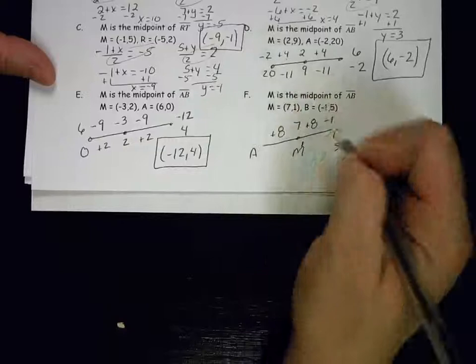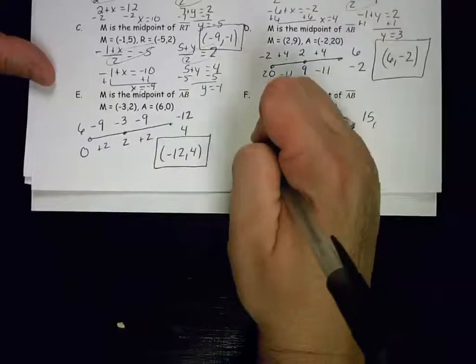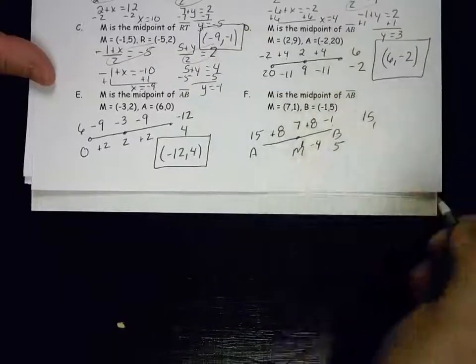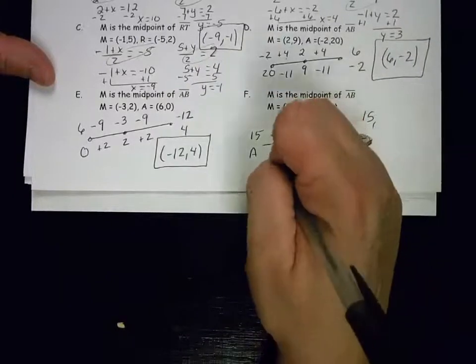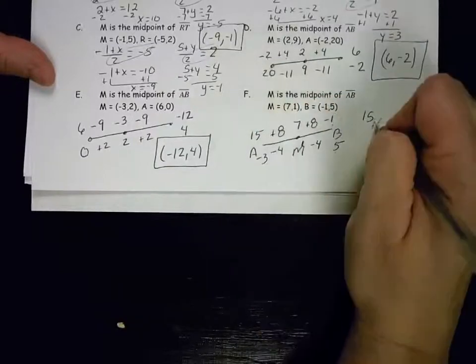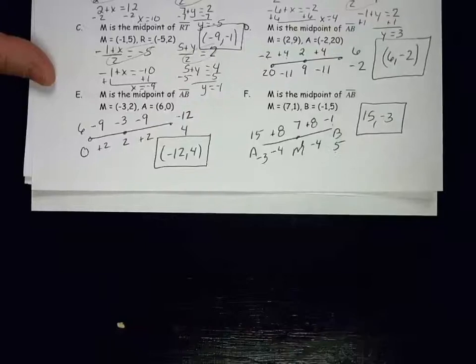So here, if you go up 8, you would be at 15. From 5 to 1, you went down 4. From 1, if you go down 4, you are at -3. So your ordered pair would be (15, -3).